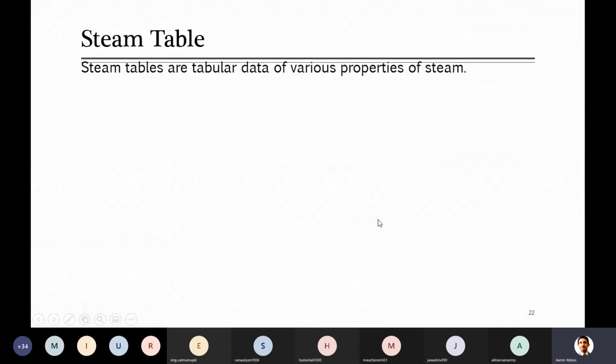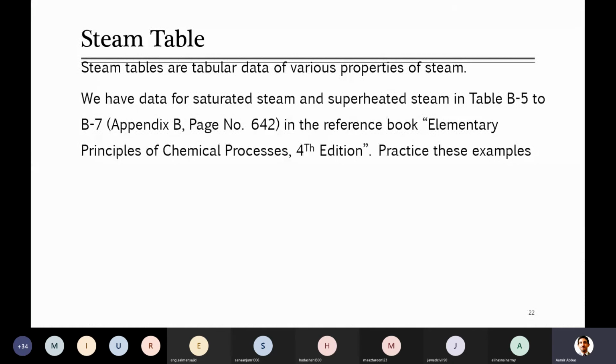In the steam table, you know that steam tables are tabular data of various properties of steam. We have here in this book, which is the reference book for you, Elementary Principles of Chemical Process, in its 4th edition, tables B5 to B7 in Appendix B, at page 642 somehow.